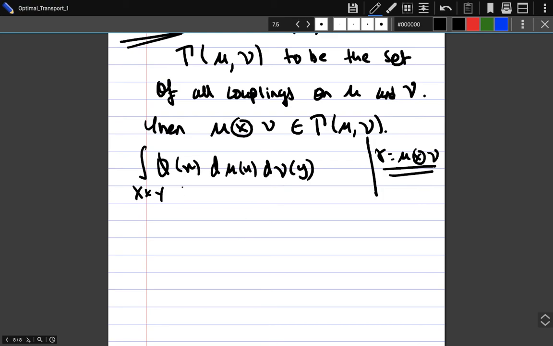So when you're integrating phi of x with respect to gamma, it's exactly integrating phi of x with respect to the measure mu of x times the measure nu of y.